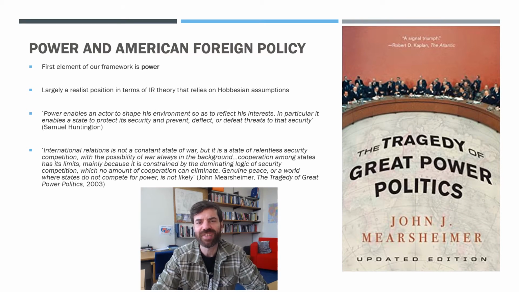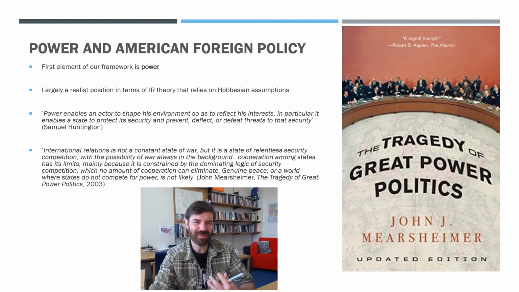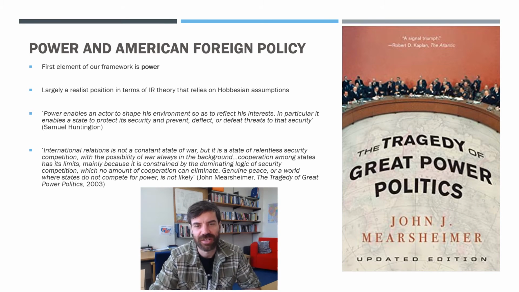So the first element of our framework is that of power, usually understood as military power in terms of foreign policy. Now, in terms of IR theory, or international relations theory, this is largely a realist position and relates to one of the chapters from the reading that I've assigned this week by Colin Dueck, called Conservative American Realism.